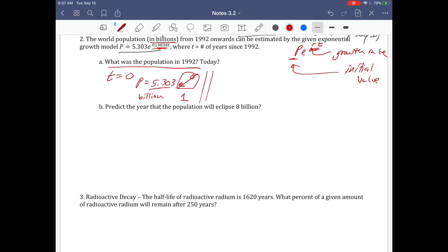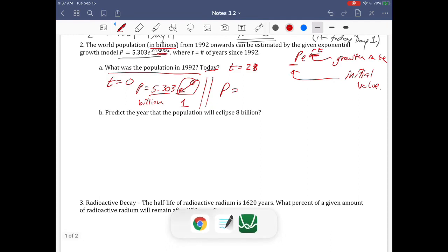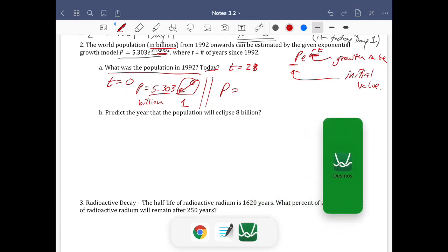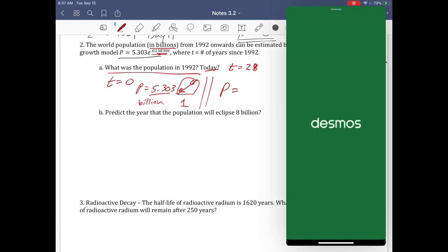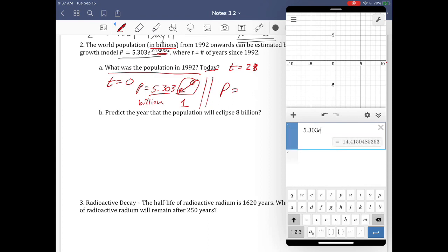What is the population today based on this model? Well, today, t is equal to how many years since 1992? 28. So why don't we go ahead and plug that in? And rather than writing it, let's just plug it right into our calculator. So 5.303, hit the ABC to get an e.